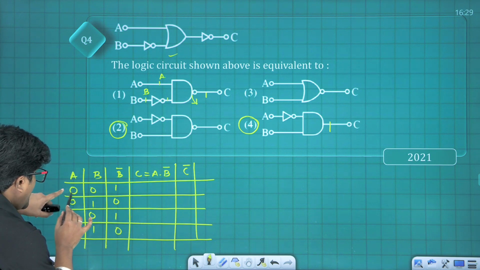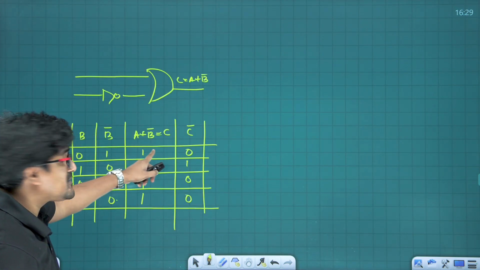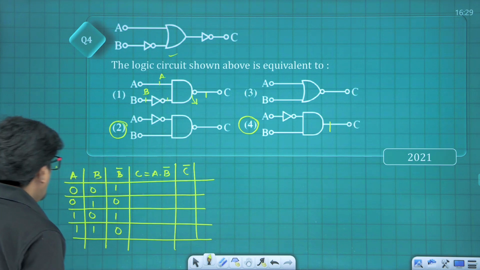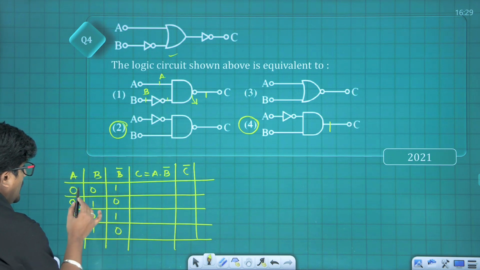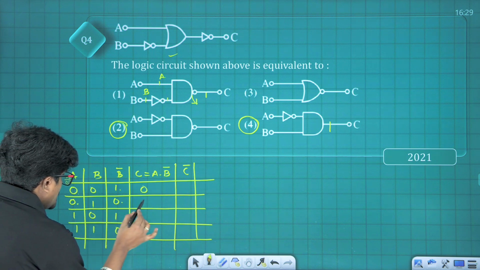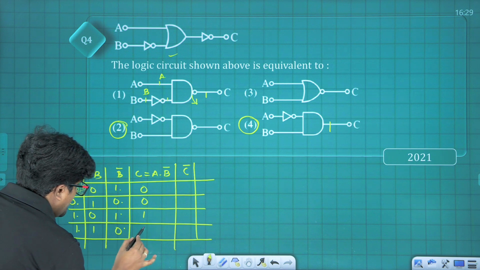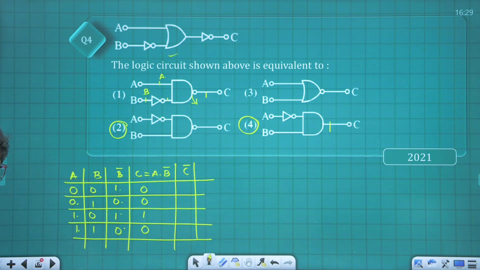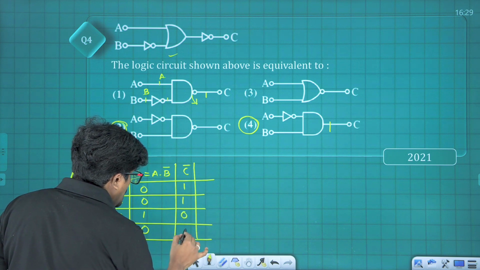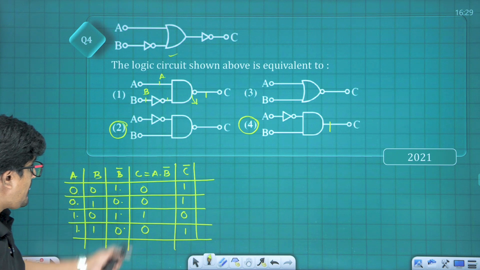So for A dot B bar it is 0, 0, 1, 0. Here this is 1, 1, 0, 1, and what it was, 0, 1, 0, 0.